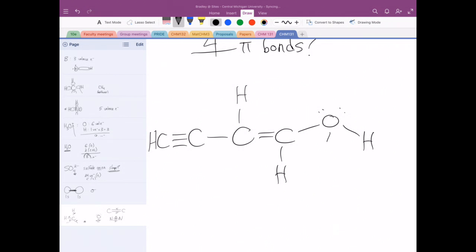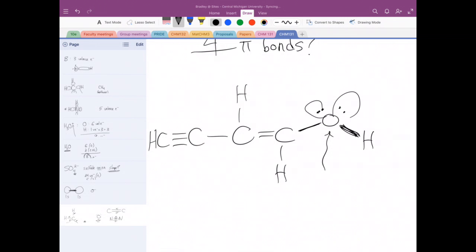The hybridization around the oxygen here: how many things do you have around the oxygen? You've got 2 bonds and 2 lone pairs, so this really has 4 electron pair domains. It's a bent geometry, but it has 4 things around it.